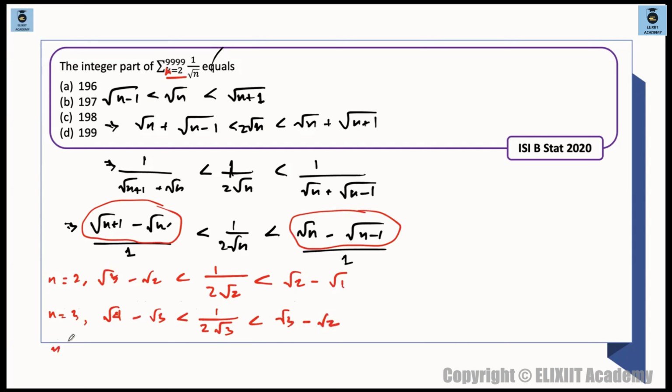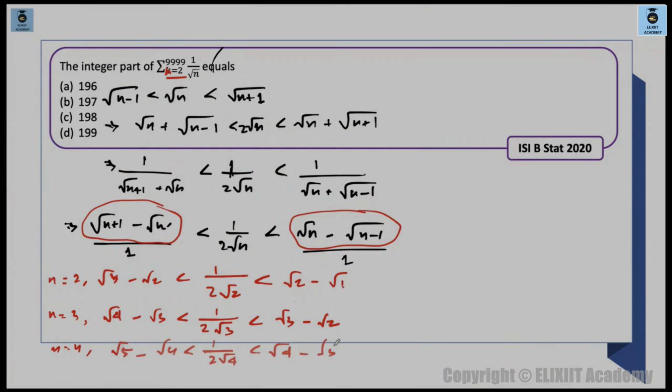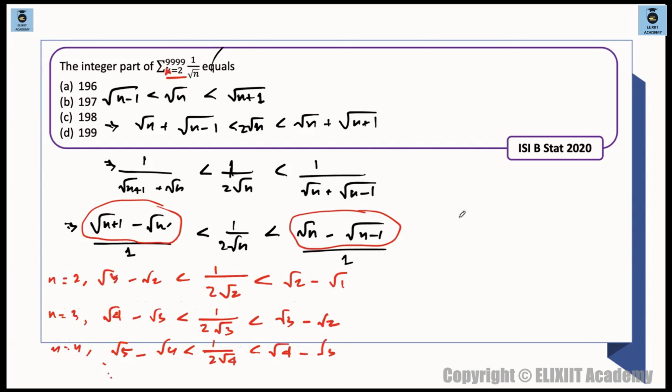Let's write some of them, and then we'll generalize. This continues till n is equal to 9,999, so that finally this becomes square root of 10,000 minus square root of 9,999, less than 1 upon 2 times root over 9,999, less than square root of 9,999 minus square root of 9,998.